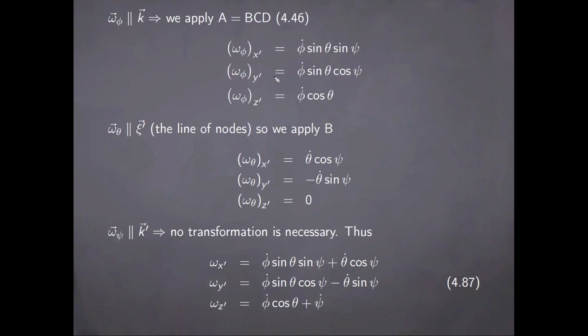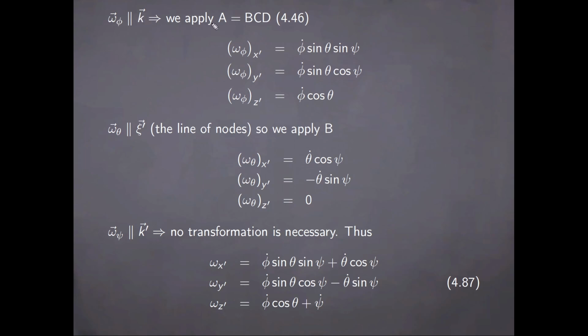To see how this works, we can, for example, attempt to write the instantaneous angular velocity in the body set of axes. The angular velocity corresponding to the rotation with the angle phi is going to be parallel with the original z-axis.